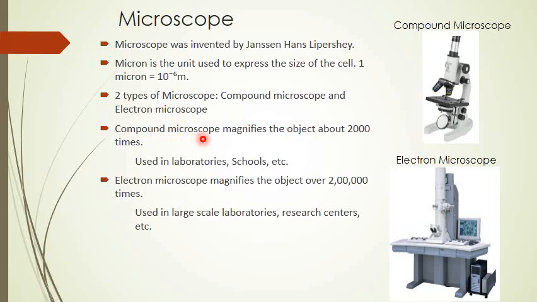So the compound microscope magnifies the object 2000 times bigger than the actual size of the specimen, whereas the electron microscope gives a 2 lakh times larger view of the specimen.